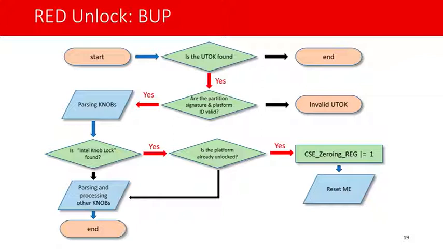Red unlock works in two steps. In the first, the BUP is finding the UTOC partition. If the partition is found, the BUP checks the partition signature and platform ID. Also, BUP checks the time, because UTOC has a time limitation.